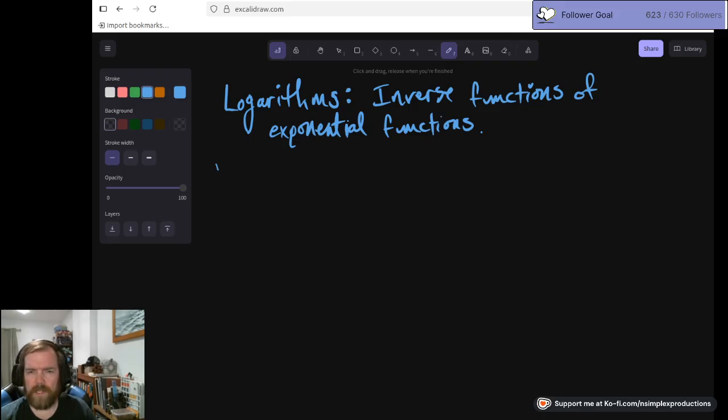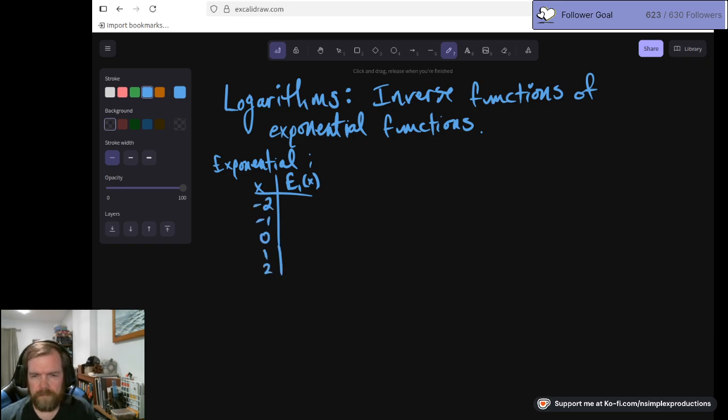Right, so when we look at exponential, we're going to get something like e of x, which is equal to, let's just do 2 to the x, right?